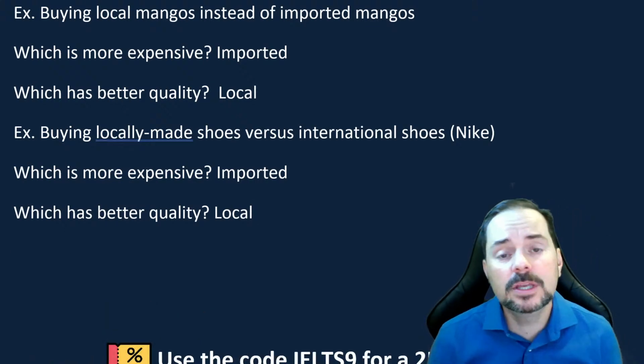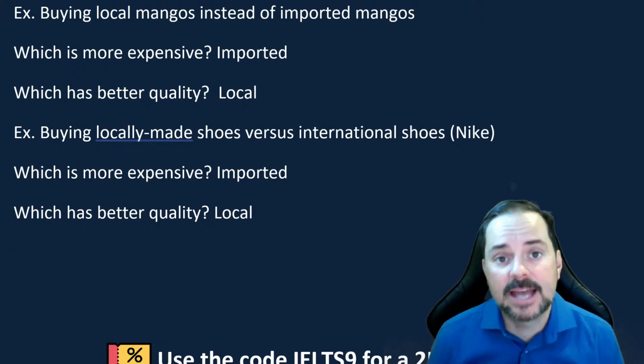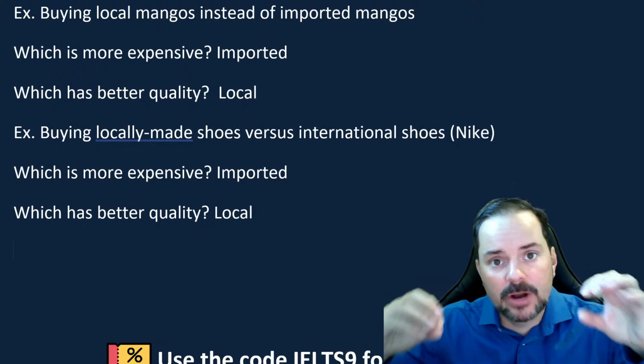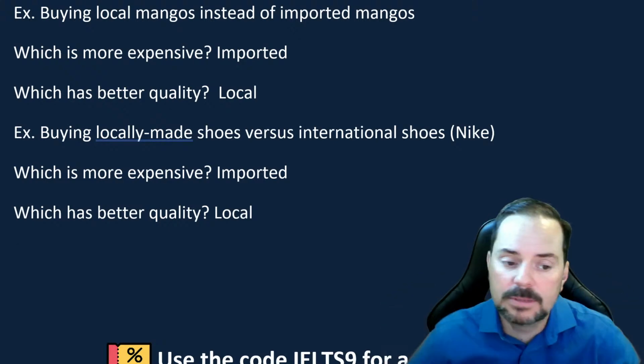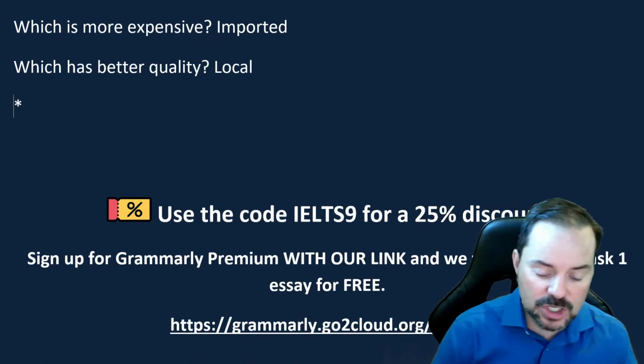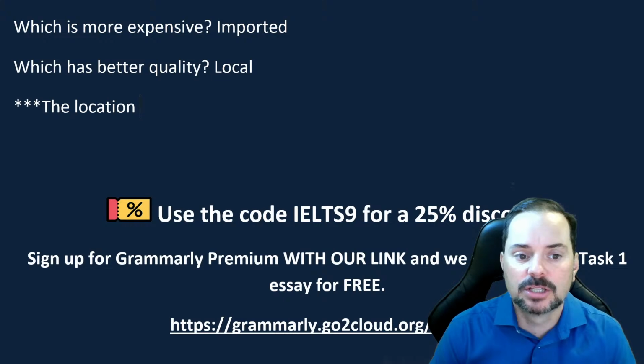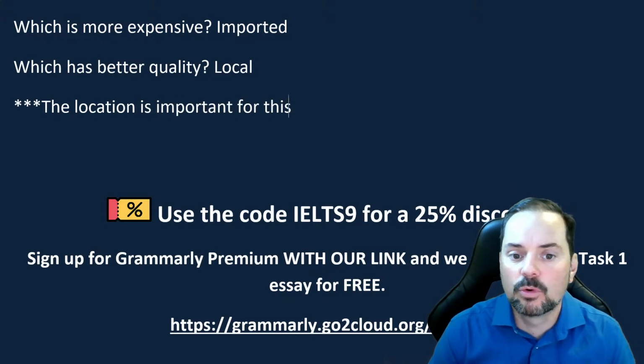So by doing this and by thinking of these specific answers, we get much better ideas about our essay, and we get a very important piece of information, which is that the location is important for this essay.